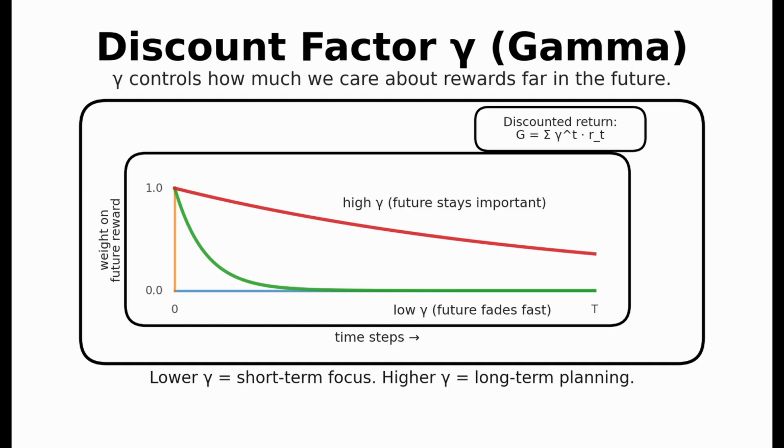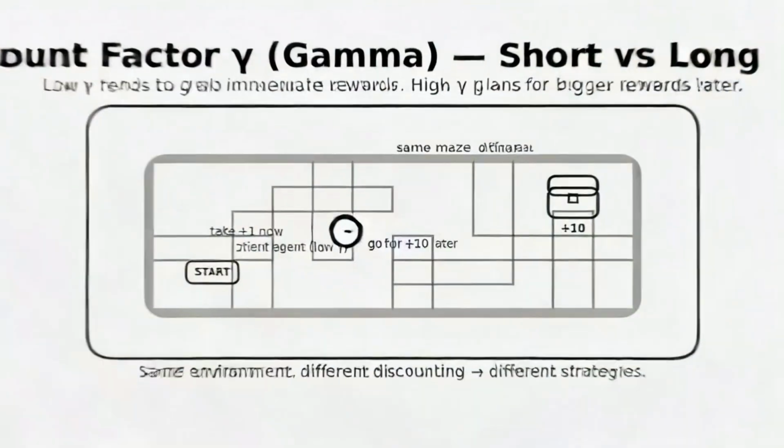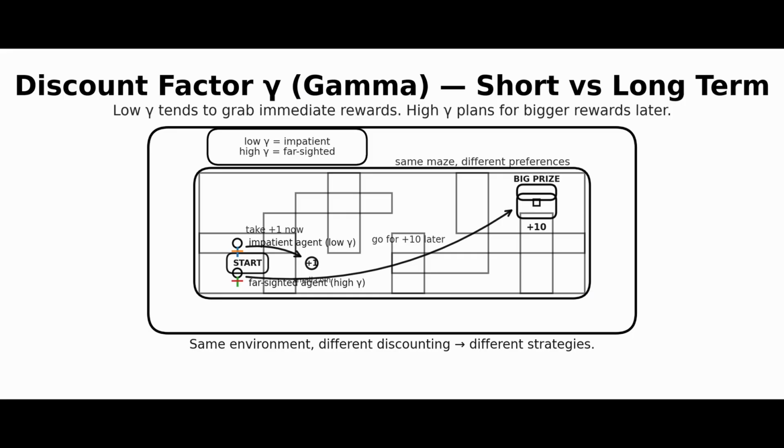Why discount at all? Partly for mathematical stability, partly because in many environments the future is uncertain, and discounting helps focus learning. In practical terms, a low gamma tends to create short-term strategies. A high gamma tends to create long-term planning, and you can actually feel this in behavior.